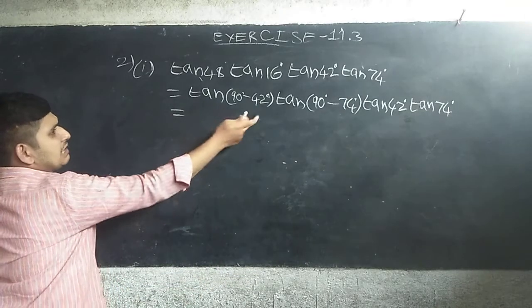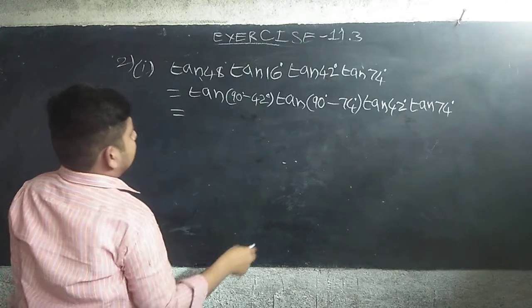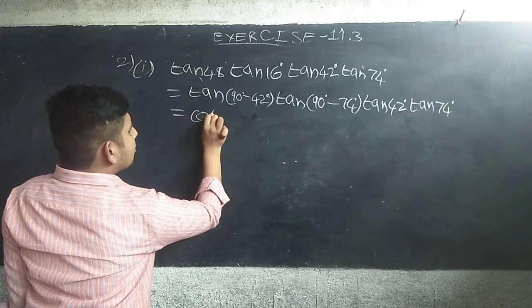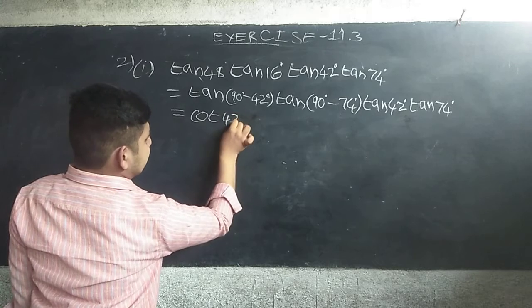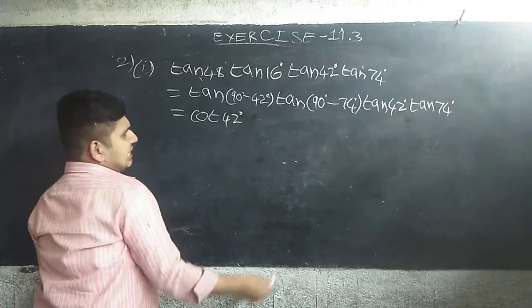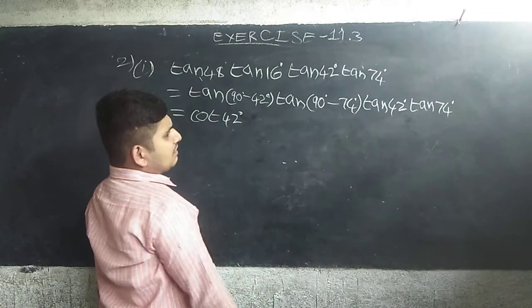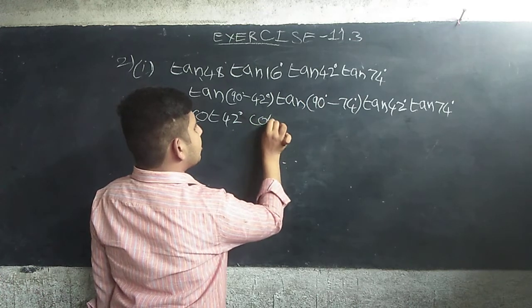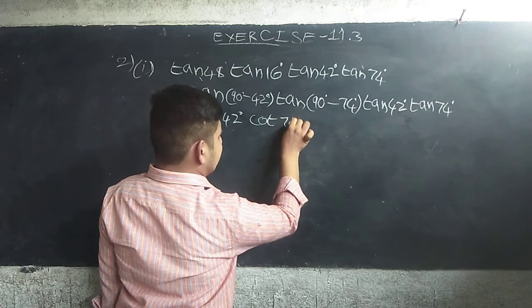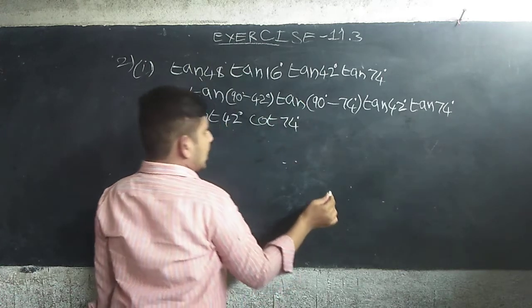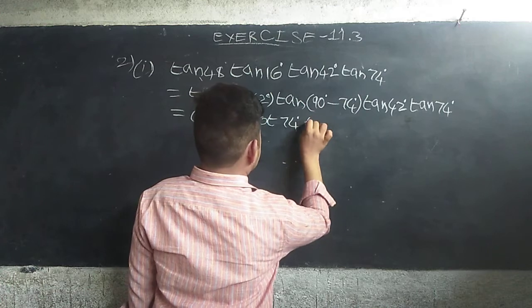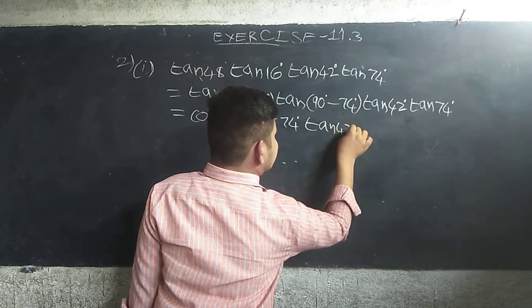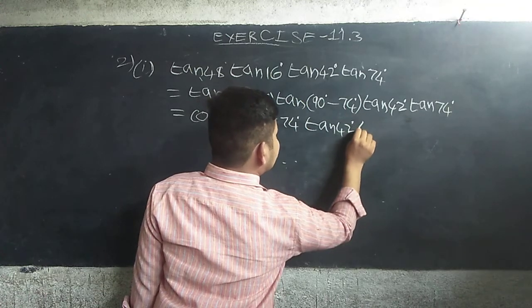Here theta is 42, so cot 42 degrees, into tan of 90 minus 74 equals cot 74, so cot 74 degrees, into tan 42 degrees into tan 74 degrees.